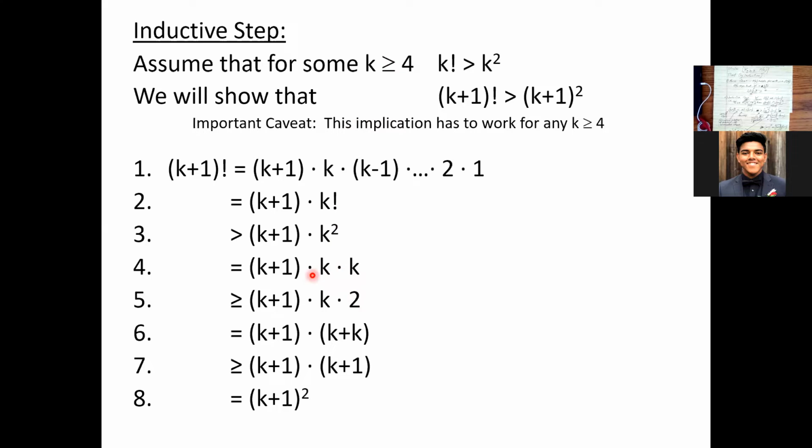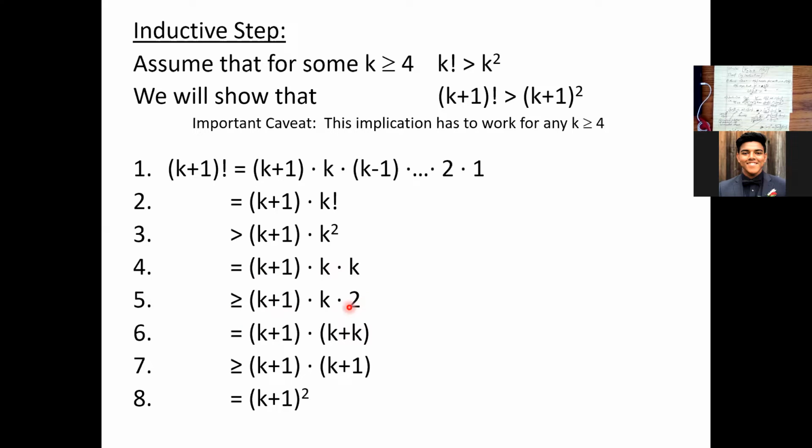That's why you can put this sign between this expression and this expression, because k is greater or equal to 2. Therefore, k times something positive must be greater or equal than 2 times the same thing, right? And this stuff is positive, so that's why this inequality holds.